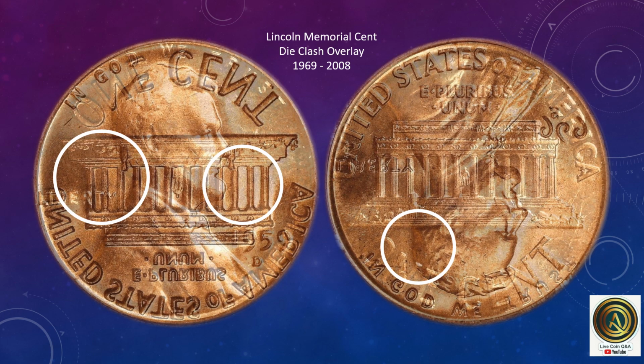Here's an overlay of the reverse over the obverse of the coin. It's showing the features of the reverse that are showing up on the obverse of the coin. And here's that area of interest from the previous slide of the obverse showing up on the reverse of the coin.